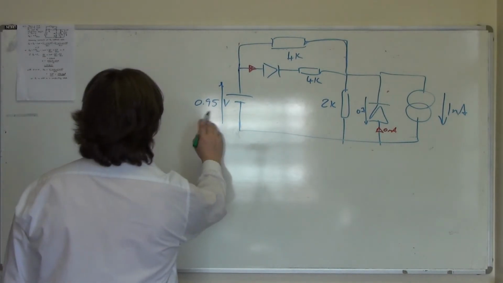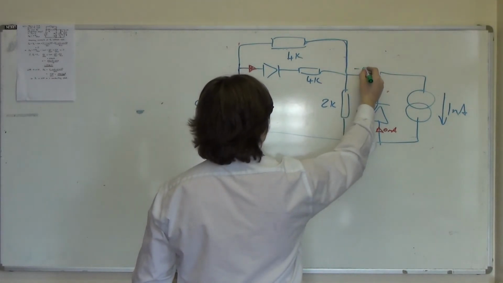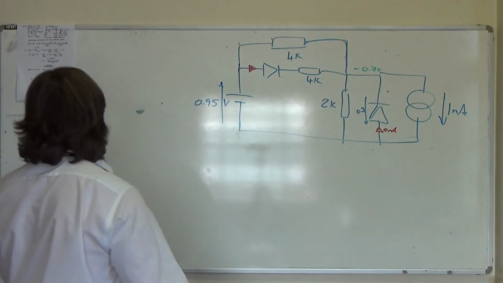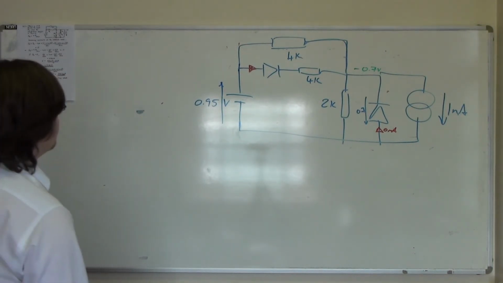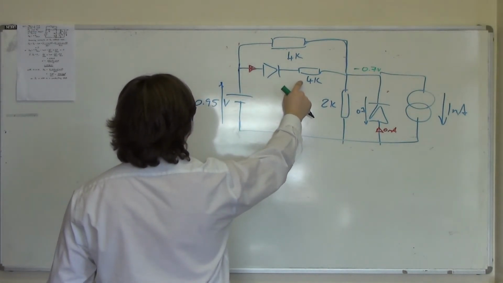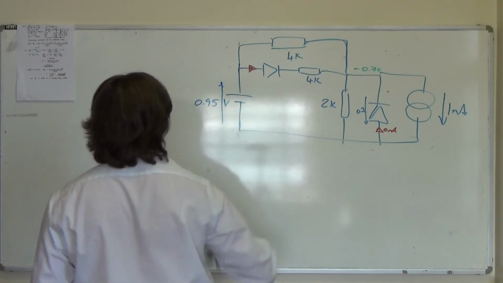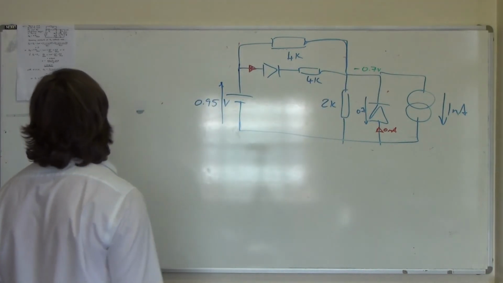So we've got 0.95 volts here, and we know that this is minus 0.7 volts up here because it's the reference minus 0.7. And the current in the 4K has got to be whatever current's in the diode, and the current in the 2K is the sum of the whole lot.